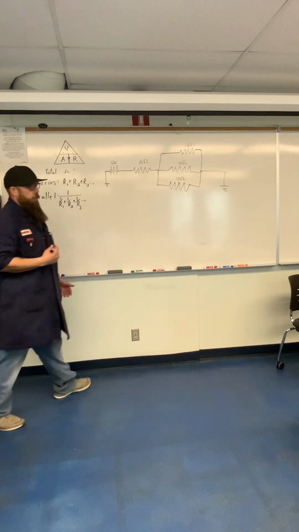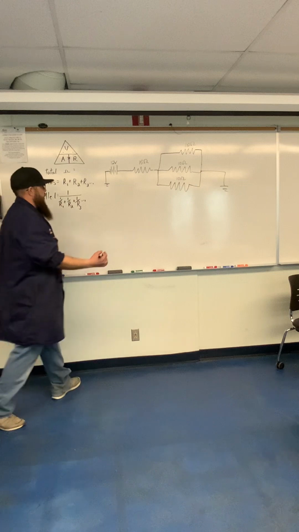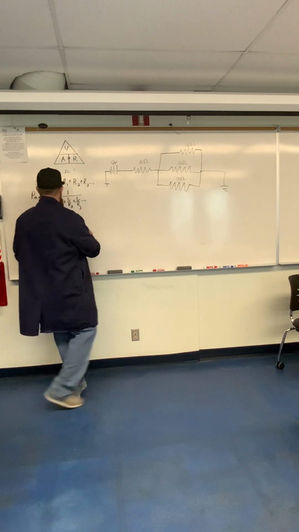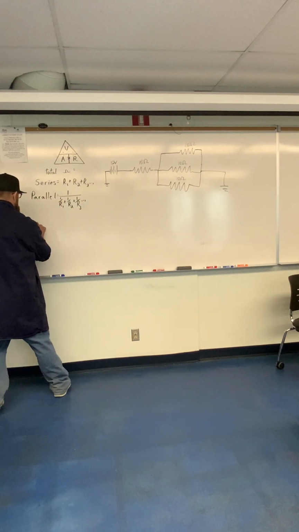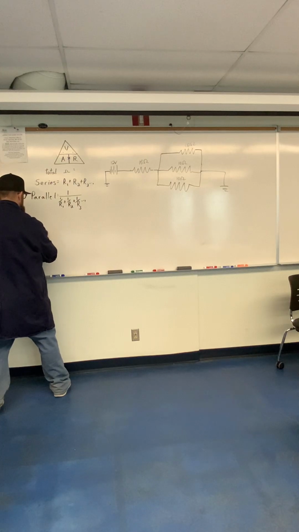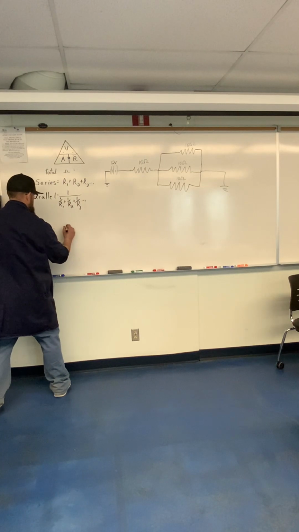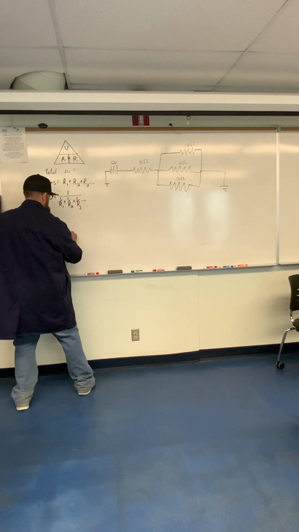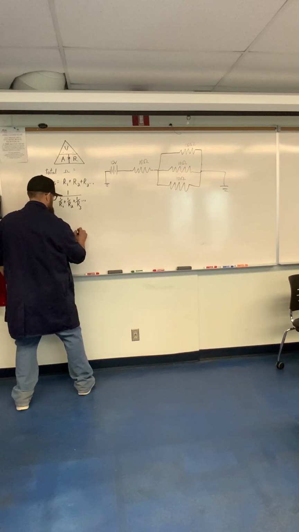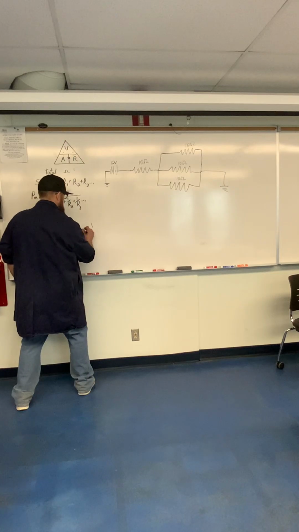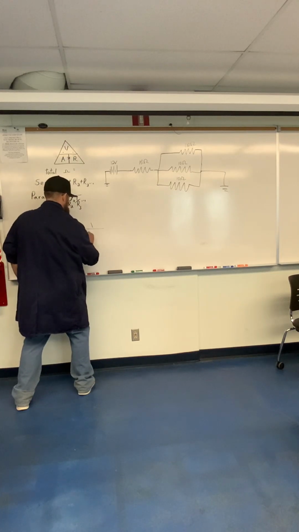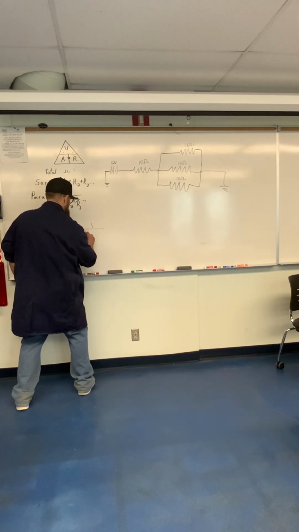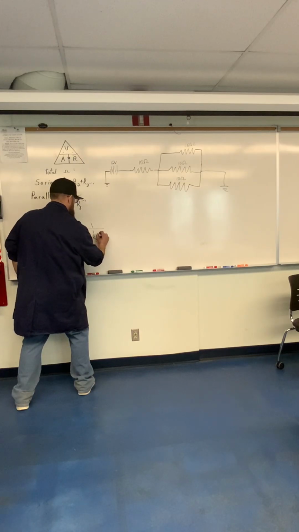So if we wanted to figure out the total resistance in this case, we could write the equation out as series parallel, which would be R1 plus 1 over 1 over R2 plus 1 over R3 plus 1 over R4.